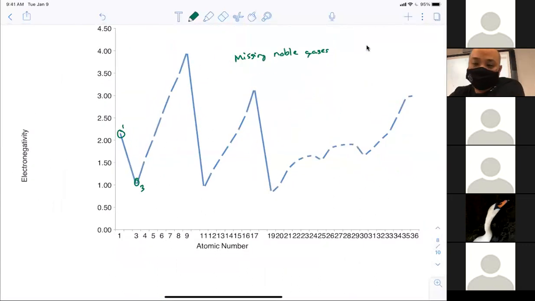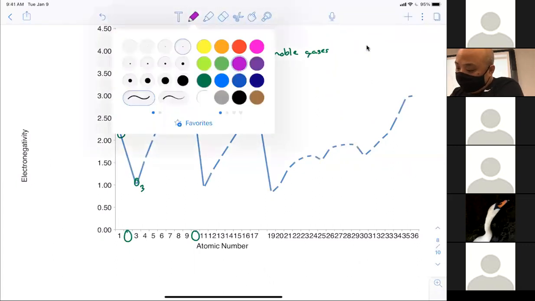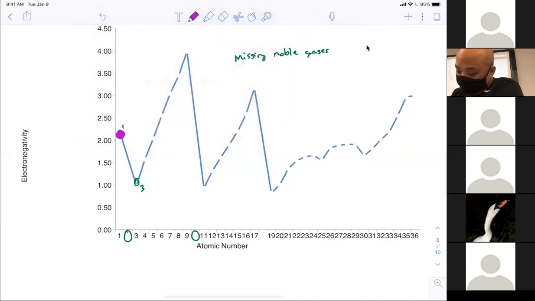So be familiar with this because the IB likes to ask multiple choice questions about this, standard level or higher level. Look at this graph. Tell me which trend it's representing. Nathan, what's up? Oh, so the blanks down here don't have points. The blanks and the lines are actually the points. Yes. No. For some reason, it's not transferring right. So you want to think of this as this.